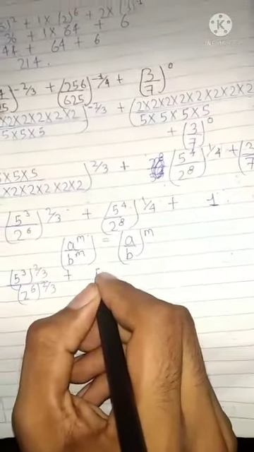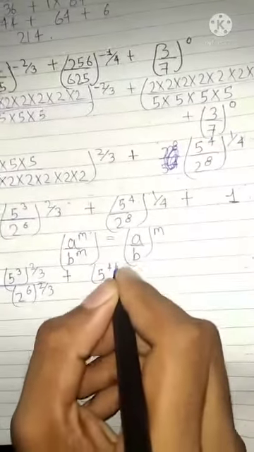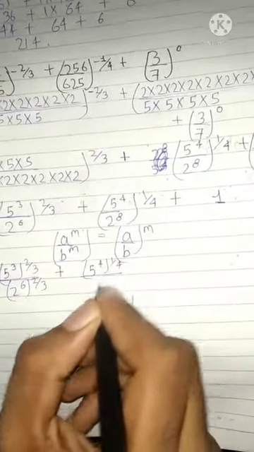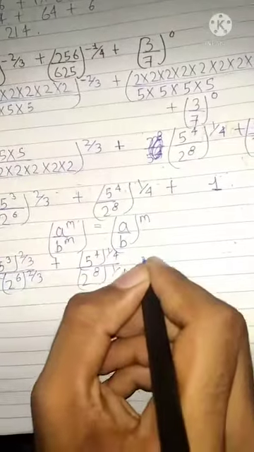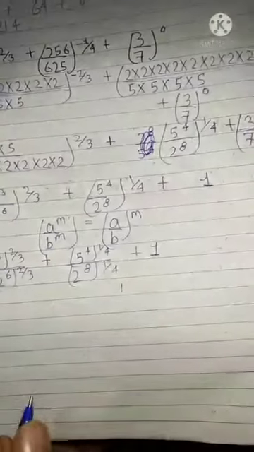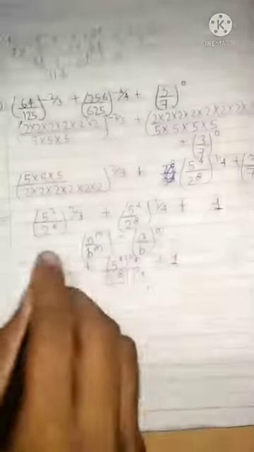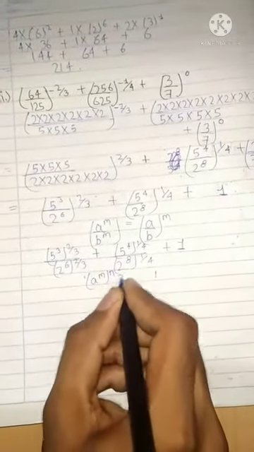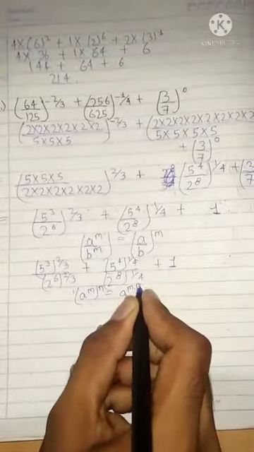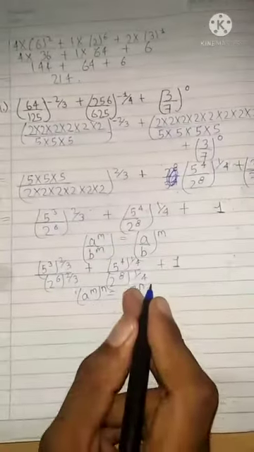You can also apply this: (whole) to the power 1 by 4 upon (2 to the power 8) whole to the power 1 by 4 plus 1. By this, using the identity (a to the power m) whole to the power n equals a to the power m into n, apply this in numerator and denominator both.